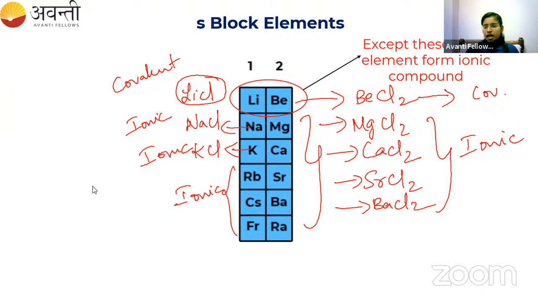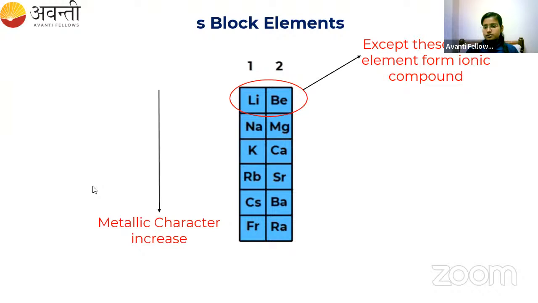And the metallic character increases on moving down the group. If the metallic character increases, can you tell me which one is most metallic in nature? In the first group, is it lithium or cesium? Which is more metallic?